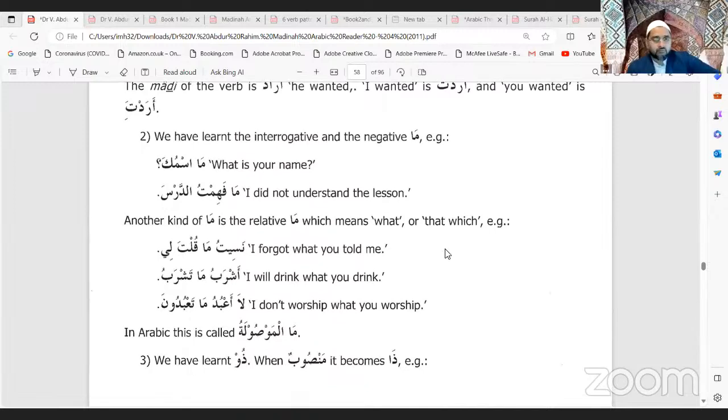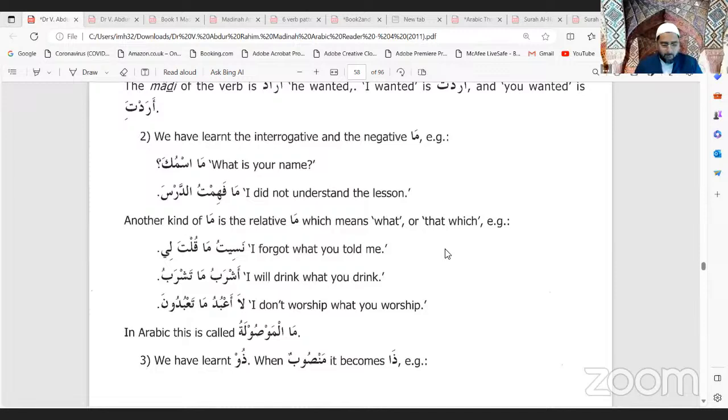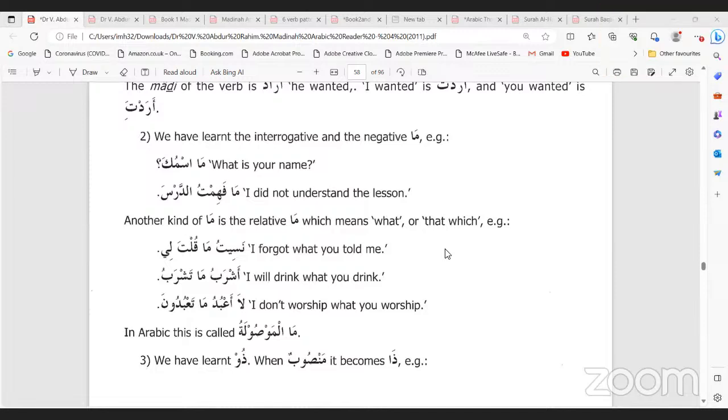Number 2. We have learned the interrogative and the negative ma. Example: Ma ismuka? What is your name? Ma fahimtu al-darsa. I do not understand the lesson.